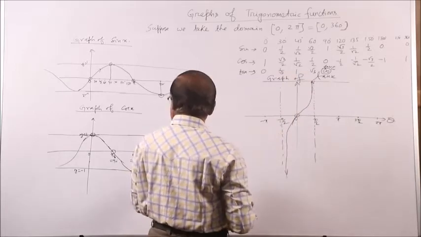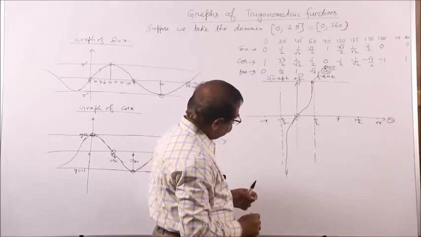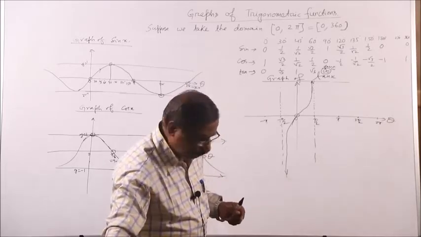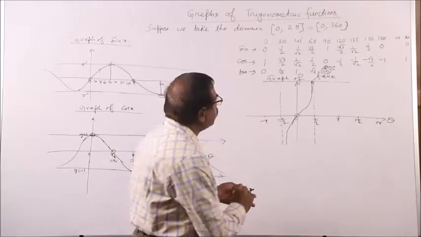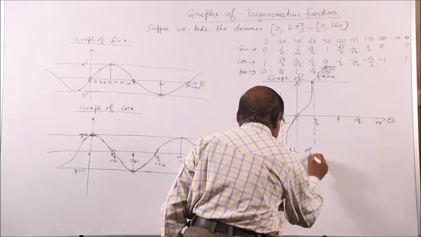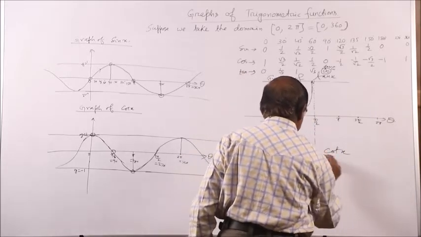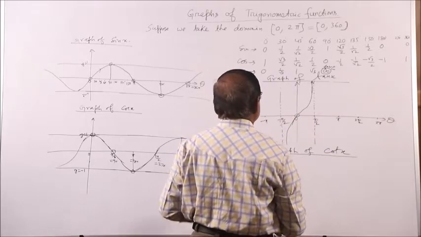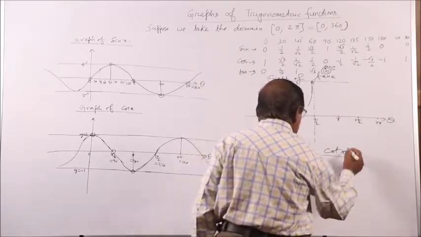And now I will do the graph of cot x here. Here we will write the graph of cot x. Just the reverse, because cot is 1 by tan.